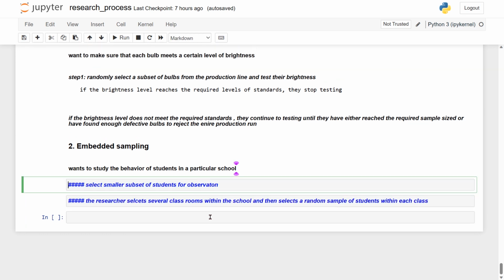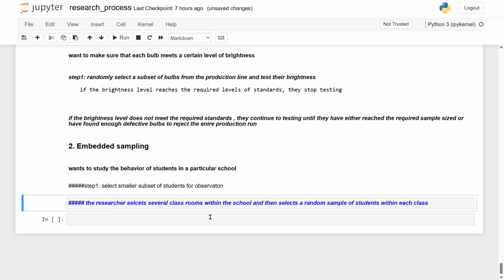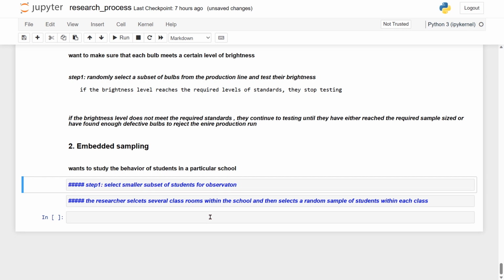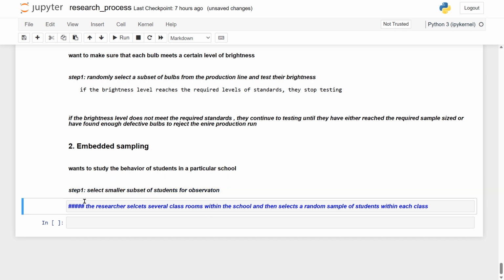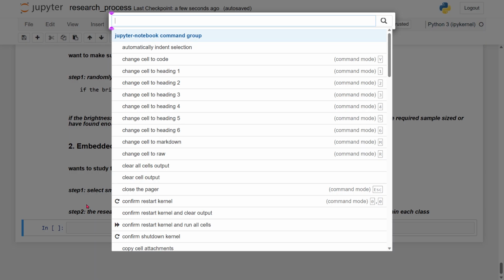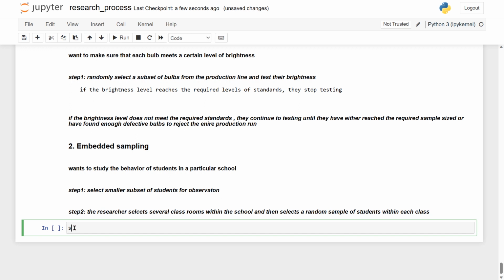So let me write down this as step 1. This as step 2. Then we have step 3.